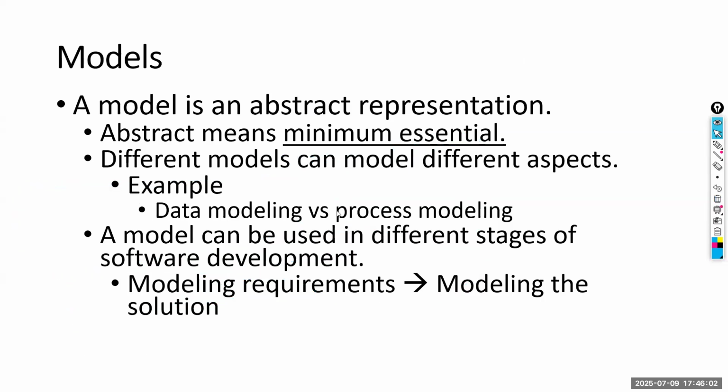Right. So there are different types of models. Models are not a new thing to you guys because we discussed context model, data flow model, DFD. Therefore, models are not new to you. So a model represents an abstract representation of your system or any aspect of the system.